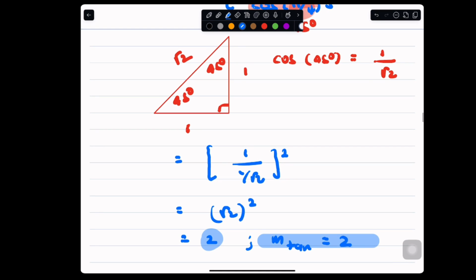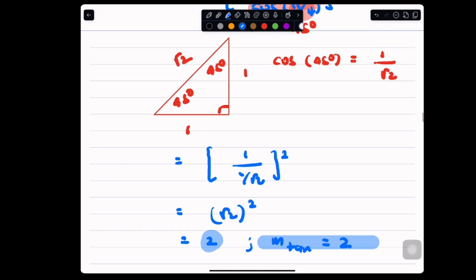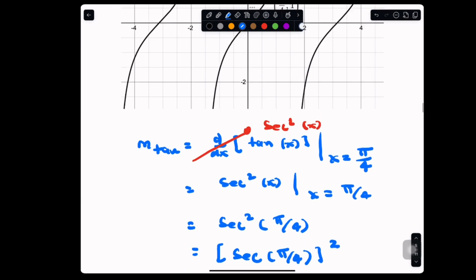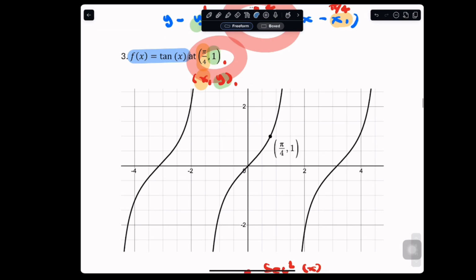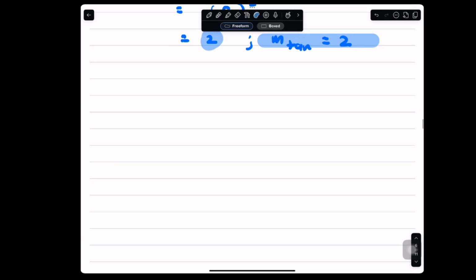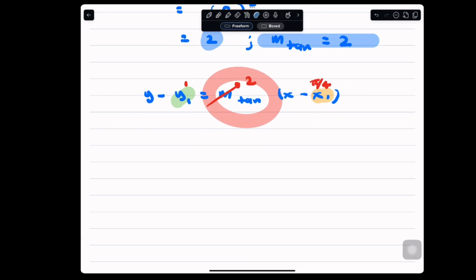But notice there's the trig, geometry, whatever you want to call it. Not too bad. So I get to plug this value in, and we could now find the equation of the line tangent to the curve at the indicated point down here. If we say, okay, y minus 1 is 2 times x minus pi over 4.